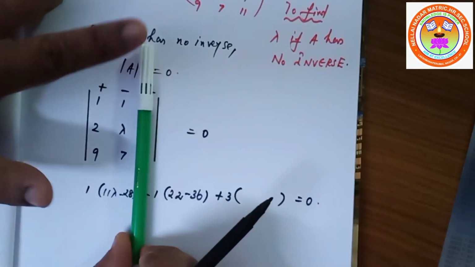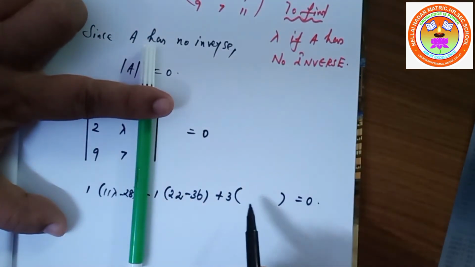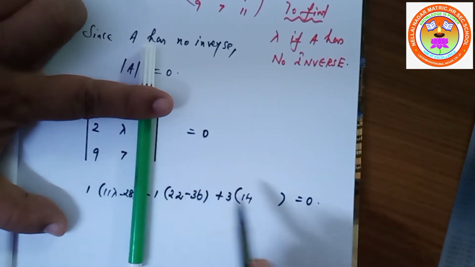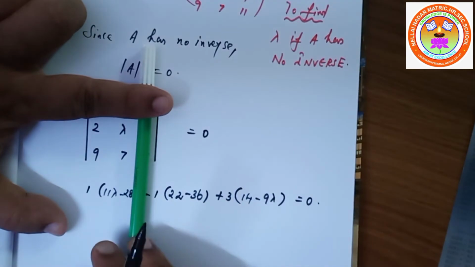Finally, you can leave out the last column and the first row. These 4 elements are left out, you have to multiply these two. 2 sevens are 14, as it is, and 9 into lambda is minus 9 lambda. Actually, we are getting plus 9 lambda, but you have to write minus 9 lambda.